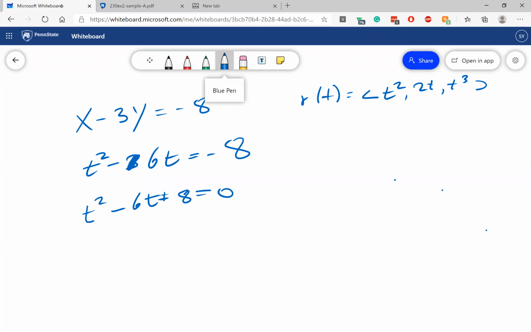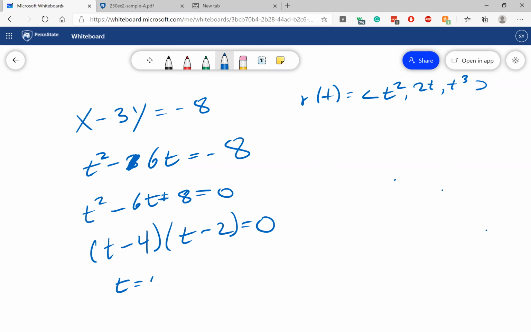And that tells us that (t minus 4)(t minus 2) is equal to 0. So t is equal to 4 or 2. There would be two places where we intersect the plane.